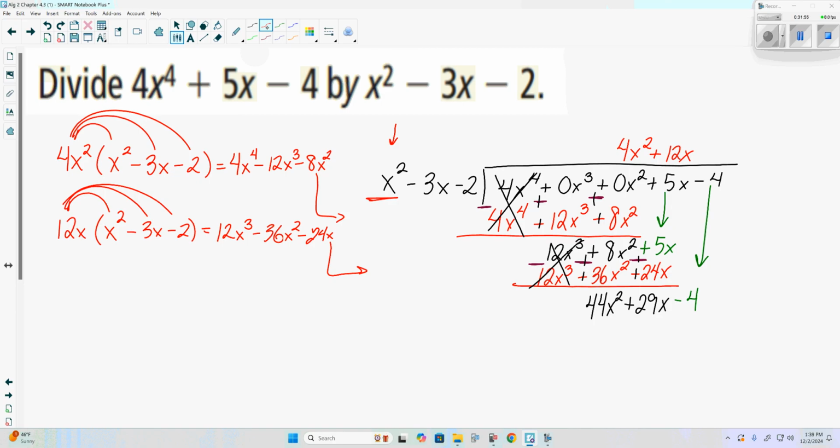What times x squared gives us 44x squared? 44. And since it's positive, it would be plus 44. And we do this again.